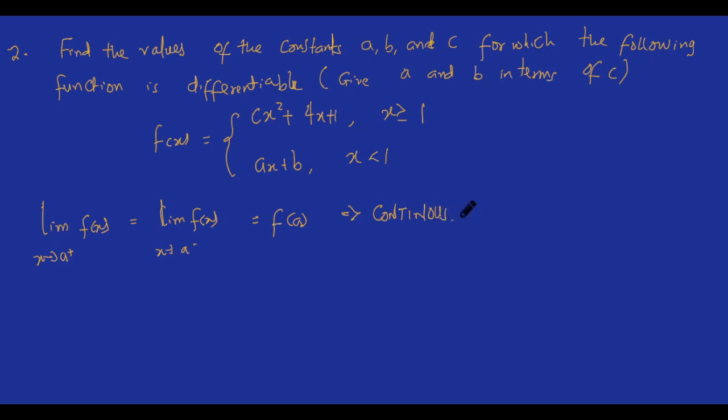So a function is said to be differentiable at a point if it has a derivative at that point. And all differentiable functions are continuous but not all continuous functions are differentiable. So that's a very, very important thing to note. All differentiable functions are continuous, but not all continuous functions are differentiable. I think it's something that should be written down.